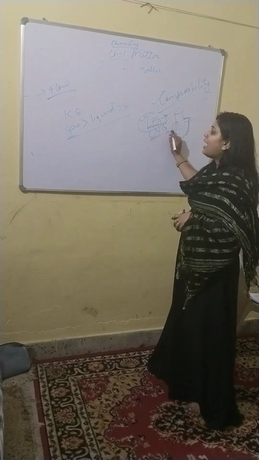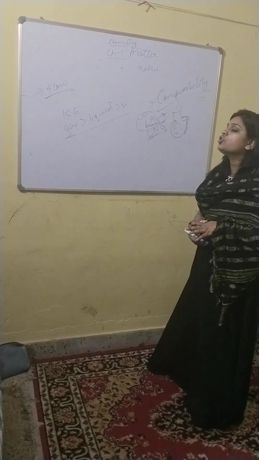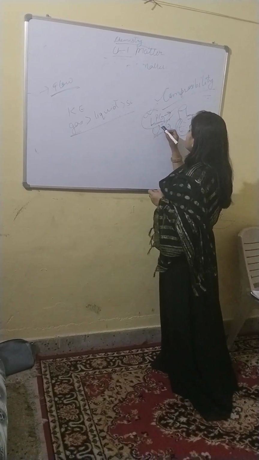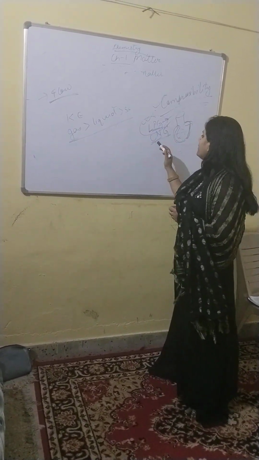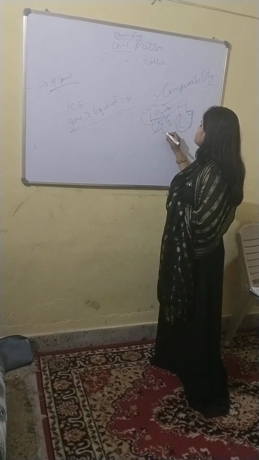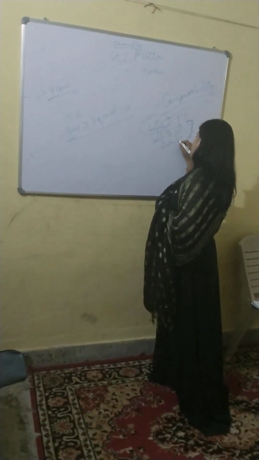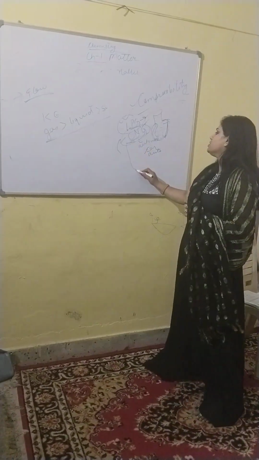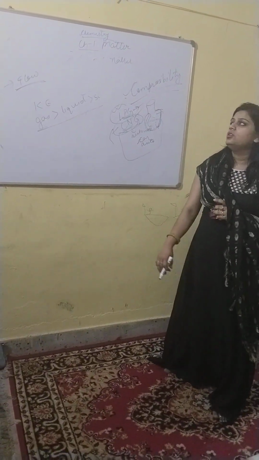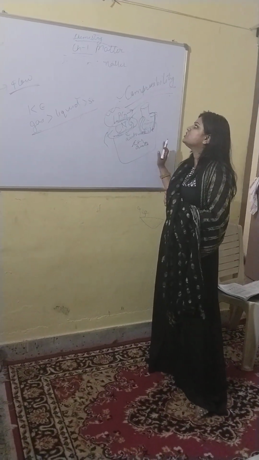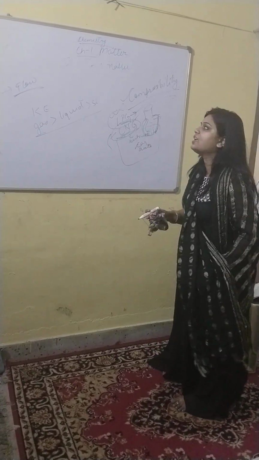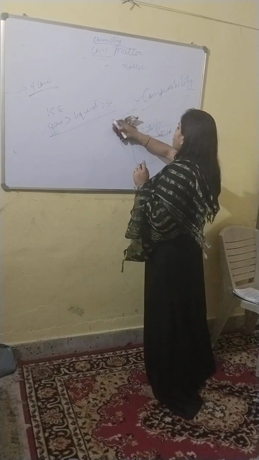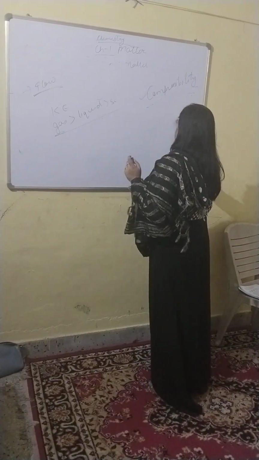Compressed natural gas is used where? Automobiles. Nowadays, cars, autos. So compressed natural gas is used in compressed form. So you have understood what the compressibility property of gas is? Yes, compressibility of gas is very important.